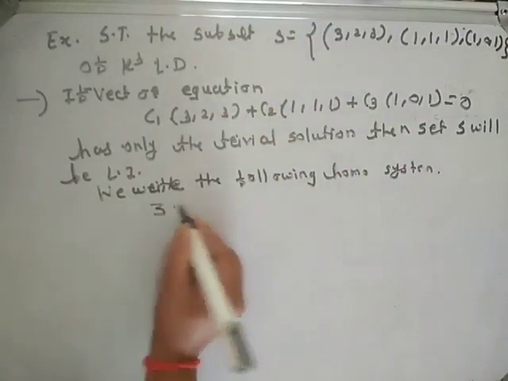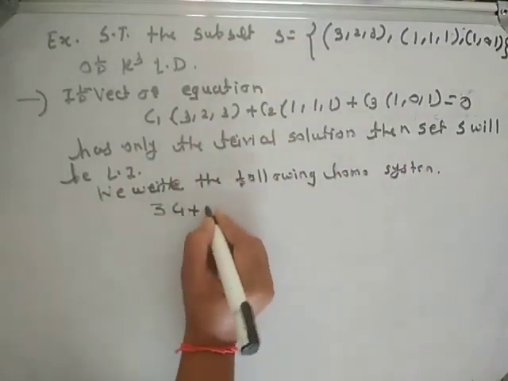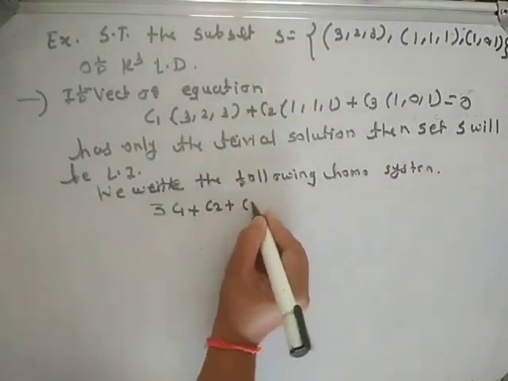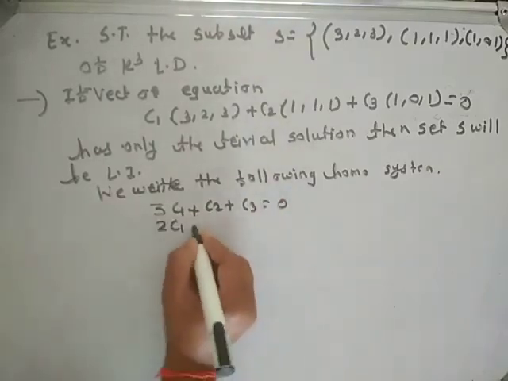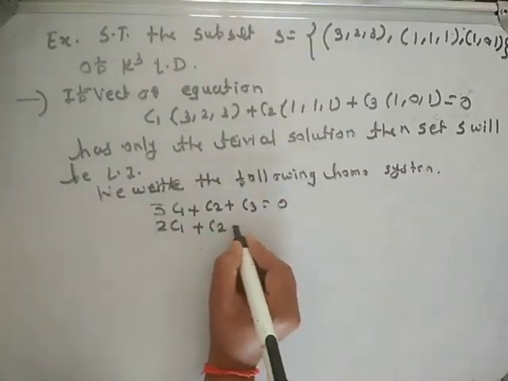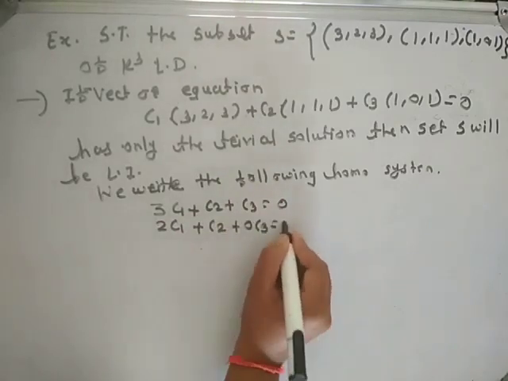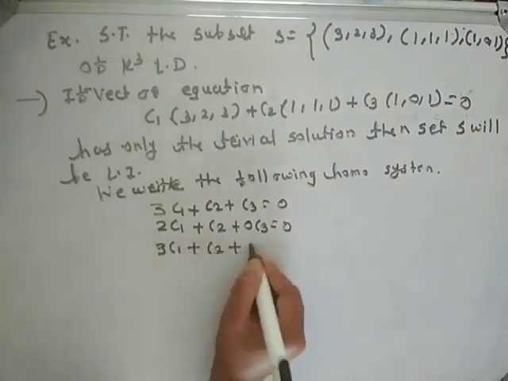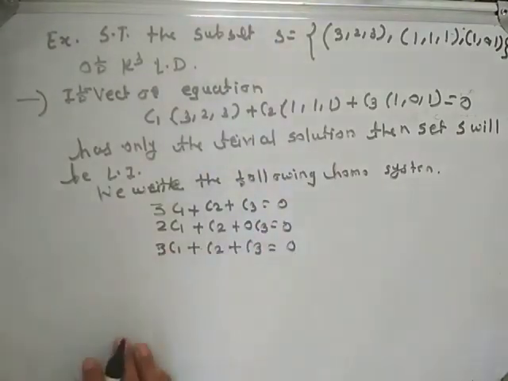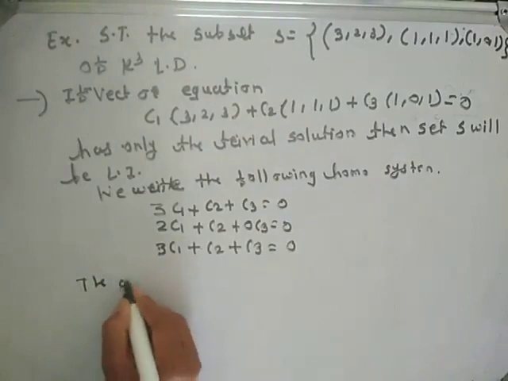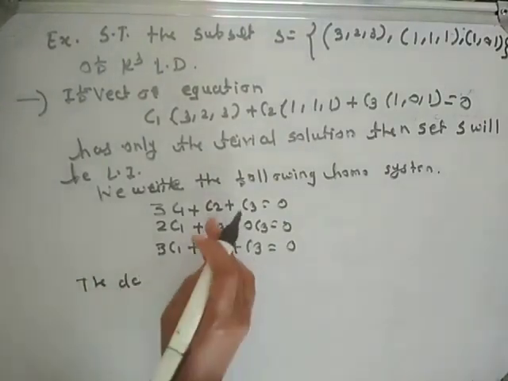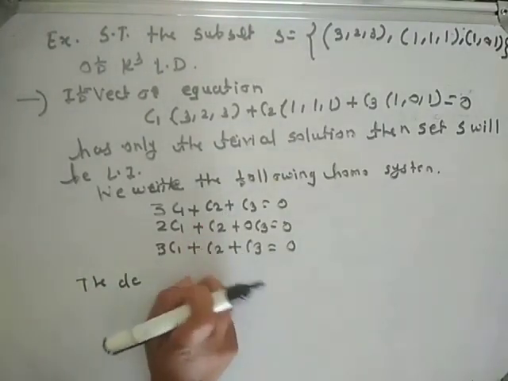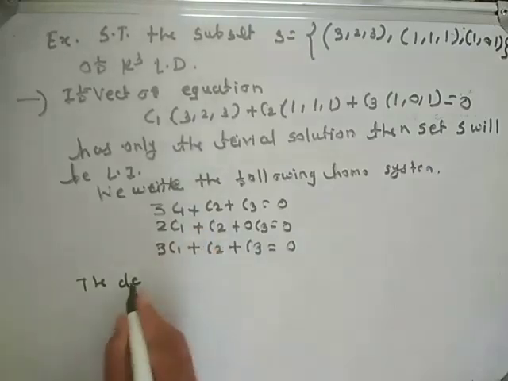That system will become 3C1 plus C2 plus C3 equals 0, 2C1 plus C2 plus 0 C3 equals 0, and 3C1 plus C2 plus C3 equals 0.